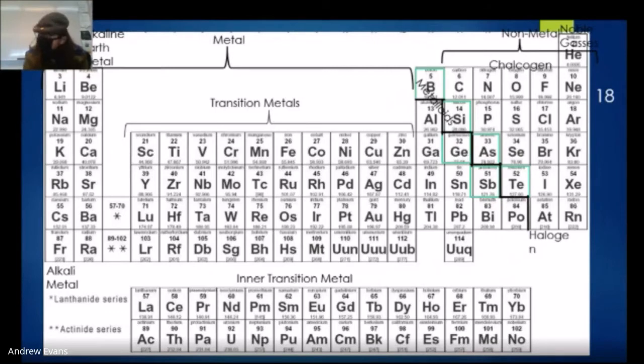Those include tennessine and nihonium, a lot of man-made elements, but they were just placeholder names until the official committee could decide on them. So this table is actually filled out a lot more. I'm just kind of leaving it blank for now.